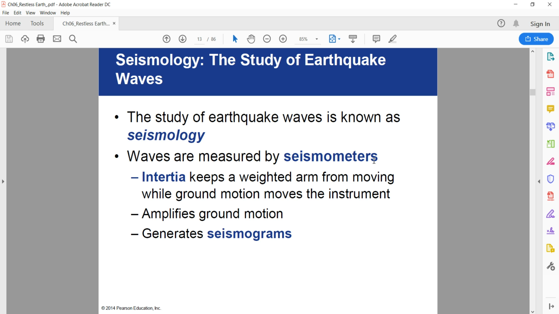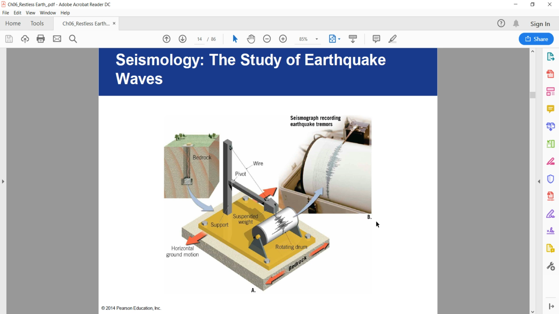I have posted a video of this instrument as well, which has a very clear description and animation of how it works, so I will not go into much detail. I will just quickly show this schematic. The seismometer is buried deep in the ground, and as the earth moves, there is a pen which writes on the paper.